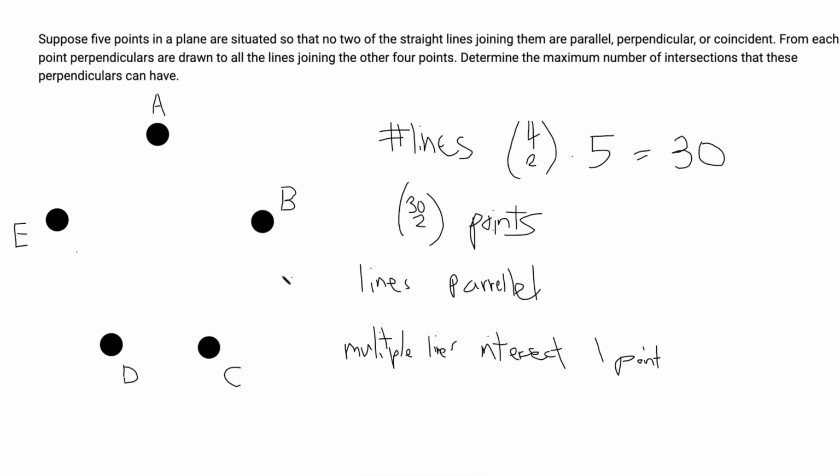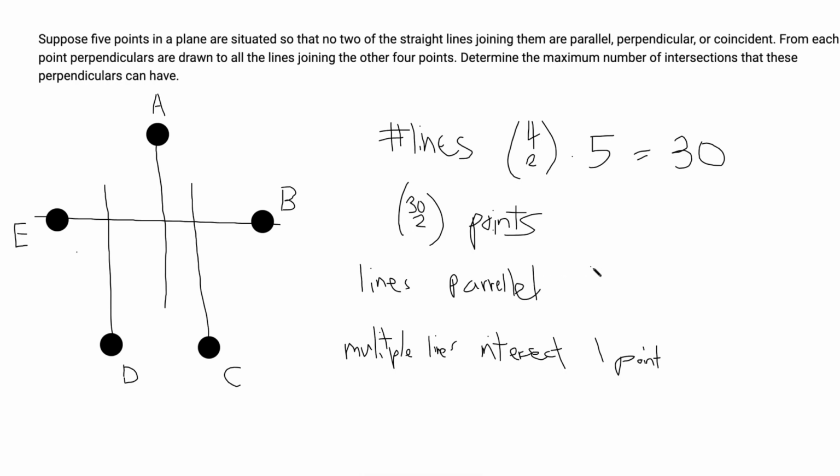So let's count how many lines are parallel to each other and how this results in overcounting our points of intersection. So let's take any line, for example, EB, and we draw perpendiculars from A, D, and C. Notice that these 3 lines we've drawn are parallel to each other because they are all perpendicular to the line EB. So how many points of intersection have we overcounted from these cases?